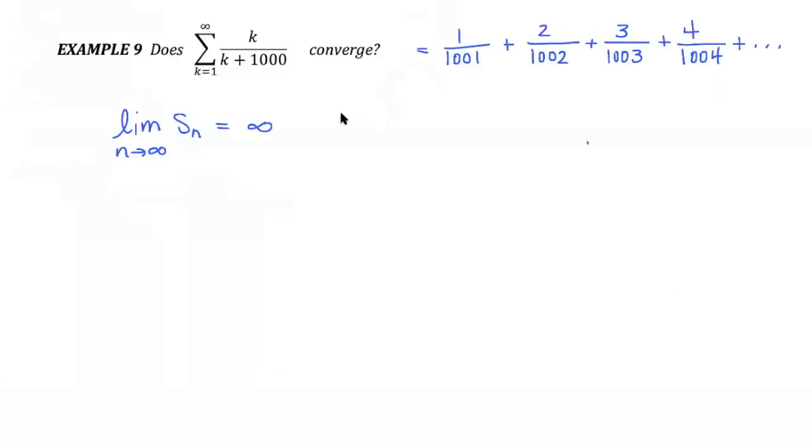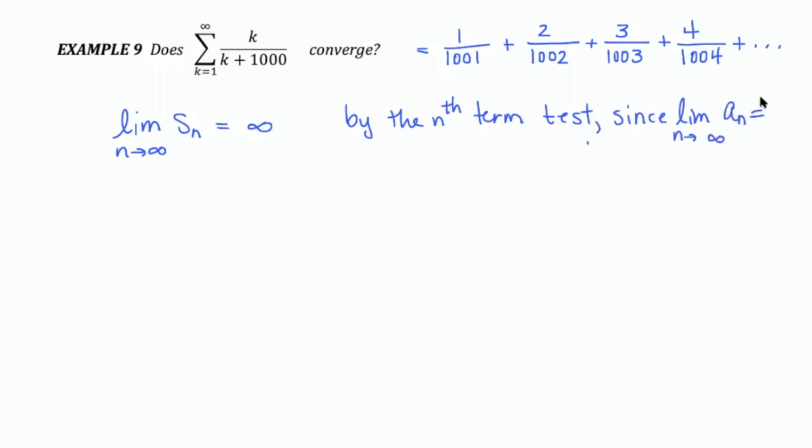Because remember, by the nth term test, since the limit as n goes to infinity of the individual terms is not 0, this series diverges.